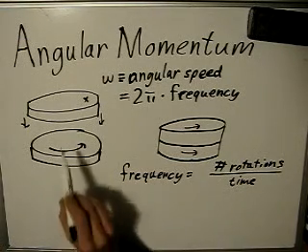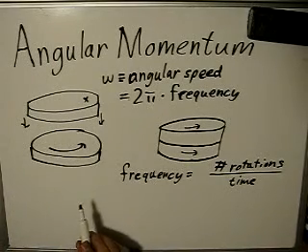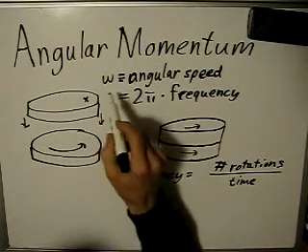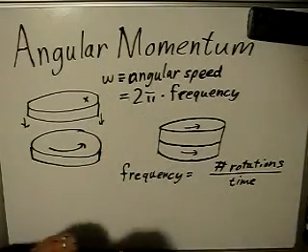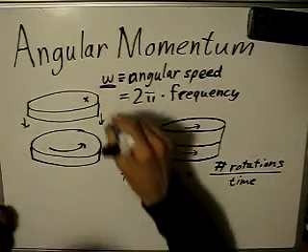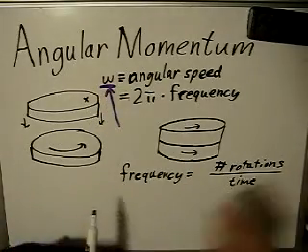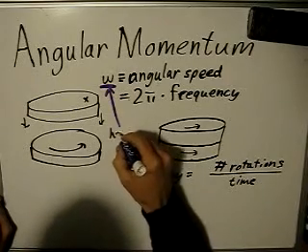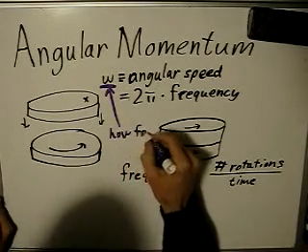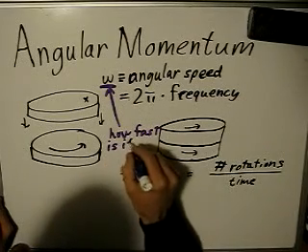So now let's look at this situation here. First, let me just emphasize this omega. This omega is just a way of saying how fast it is rotating.